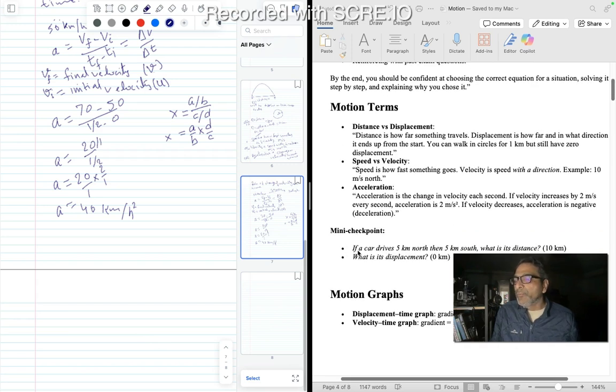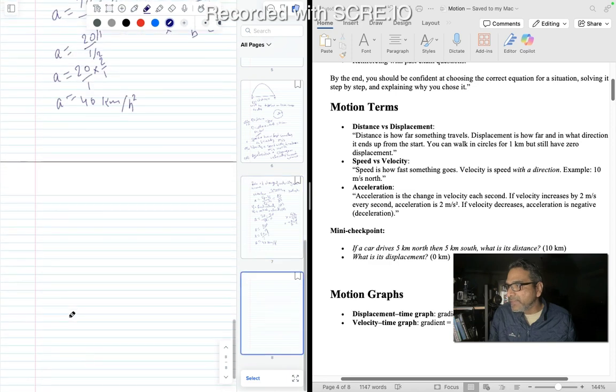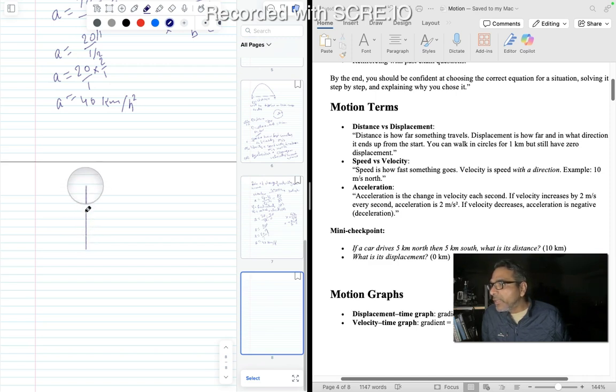Okay, now a mini check. If a car drives 5 kilometers north and 5 kilometers south, what is the distance? Yes. Okay, let's see why. The question says a car moves 5 kilometers north, right?